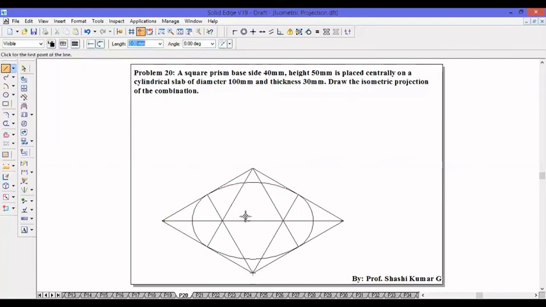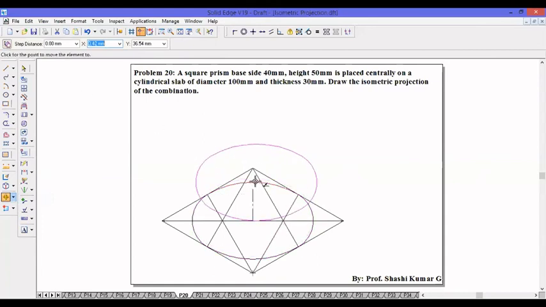Take axis line from this midpoint. The height is 30 mm, 90 degree. So just copy the arcs, the ellipse. That's enough. Go to the move option, switch on copy, copy from base and paste it on the top end.